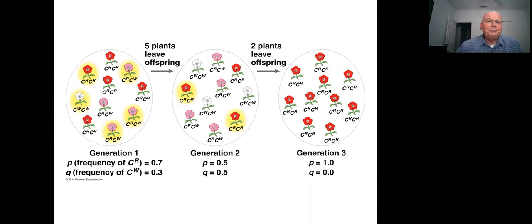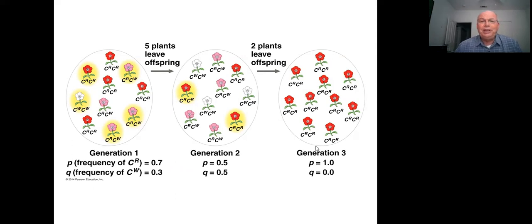You've got this population of flowers, 3 different phenotypes. You have an event that occurs that eliminates a number of the red individuals, just randomly eliminates them, so that in the next population, there is only a certain number of individuals that leave behind offspring. Not everyone has an opportunity to leave behind offspring.